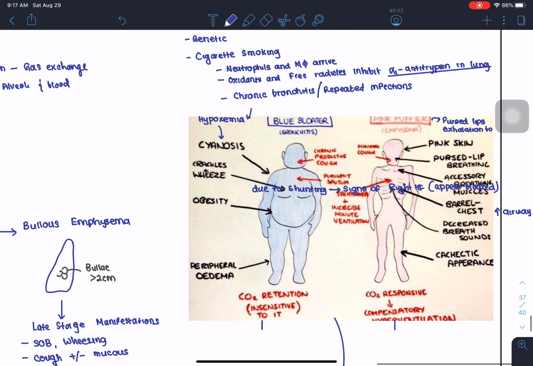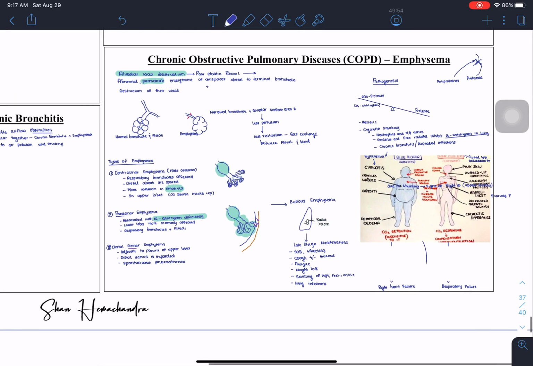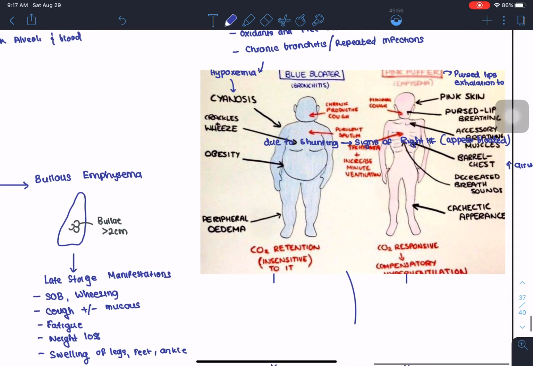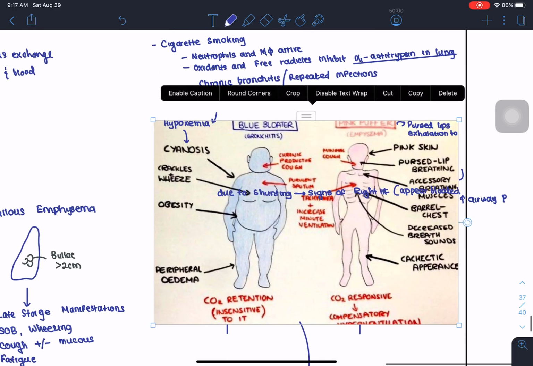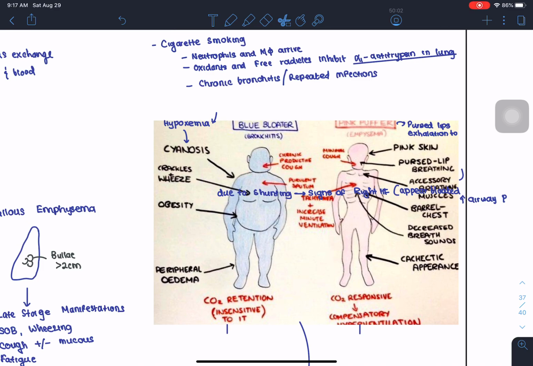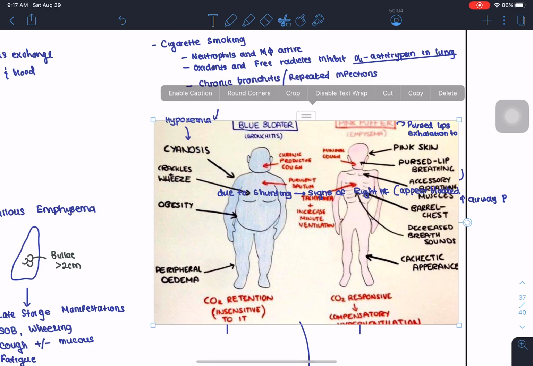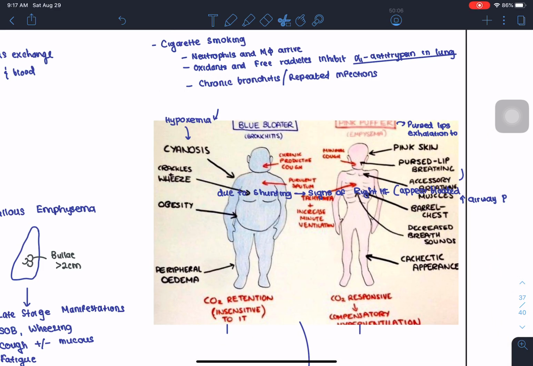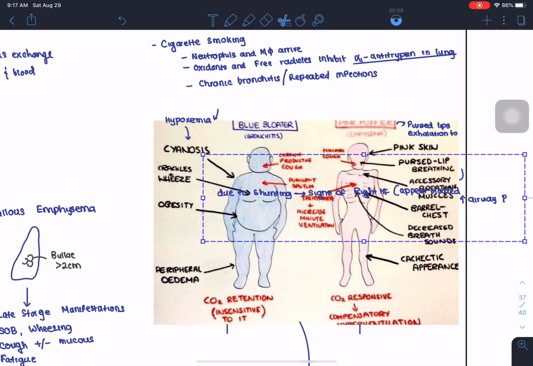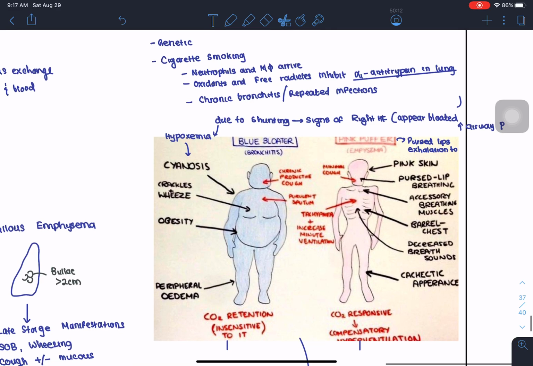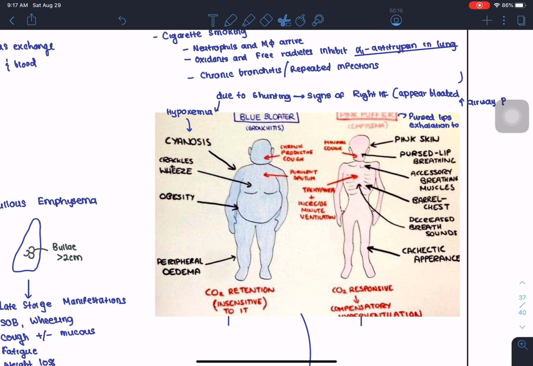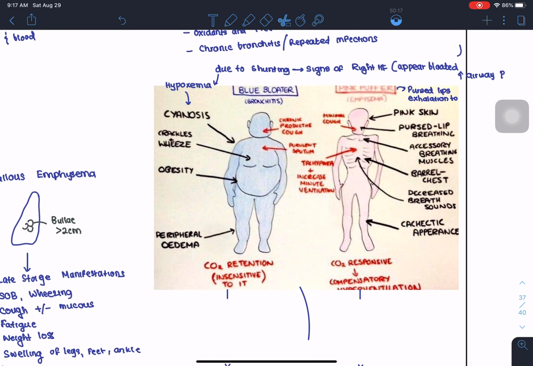So we have to know something important. Chronic bronchitis is called blue bloaters. Before, it was called blue bloaters based on the physical appearance.